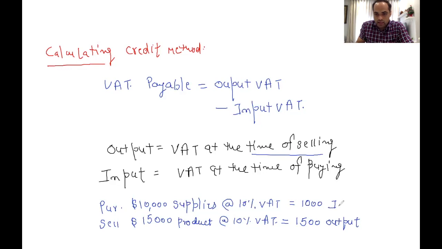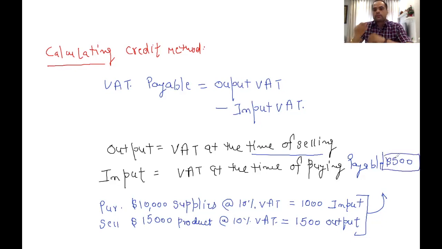That is input. So VAT payable will be 500, right? That's the way of applying a credit method.